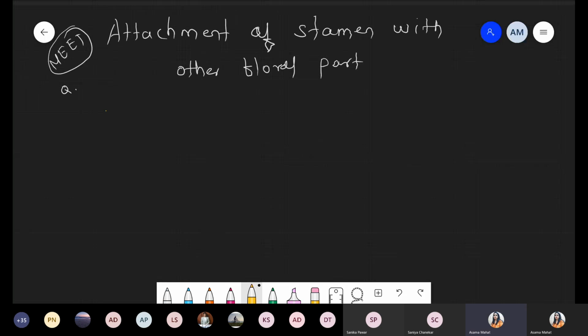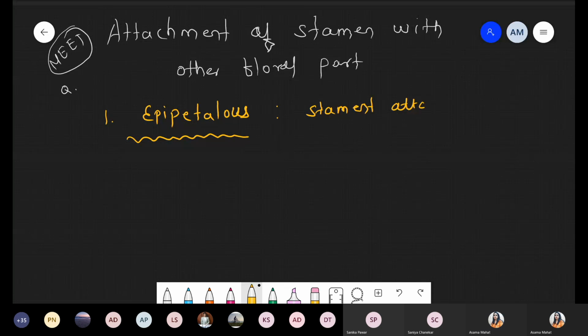Number 1, first category, we are talking about epipetalous. First condition, epipetalous. Epipetalous simply means stamen united or attached to petals.